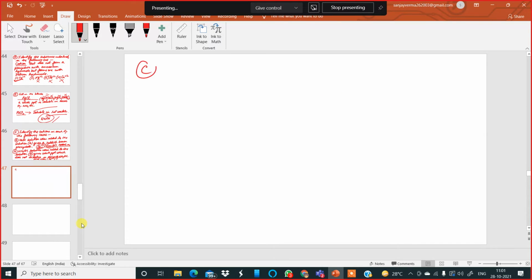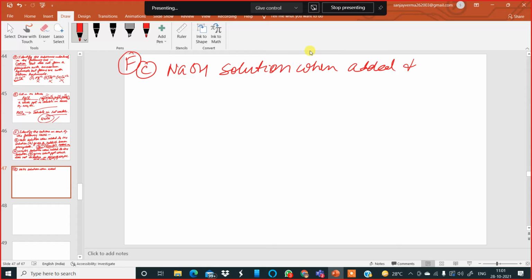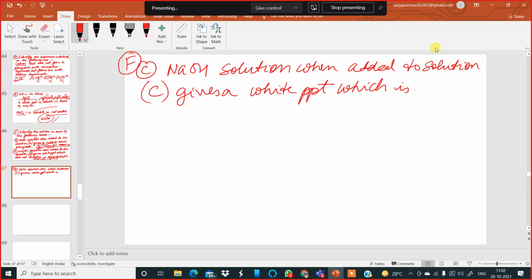Now we are coming to question number F, subpart C. The question goes like this: NaOH solution, sodium hydroxide solution, when added to solution C, gives a white precipitate which is insoluble in excess of sodium hydroxide.